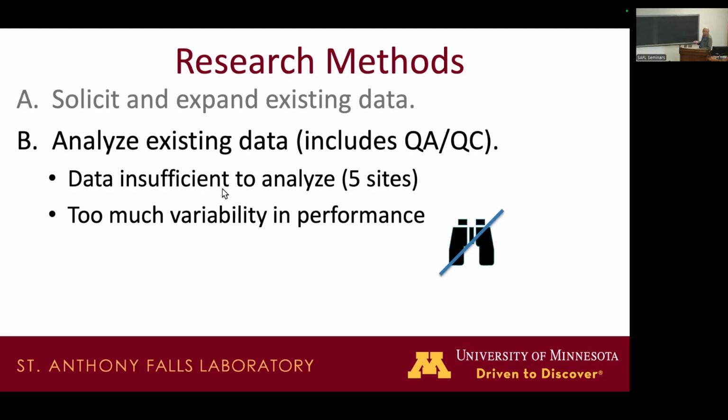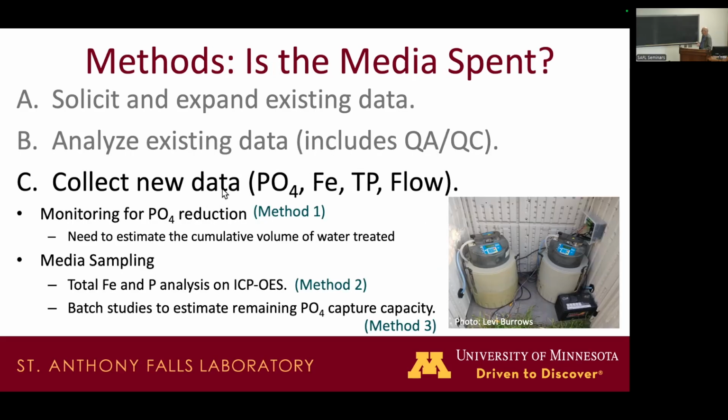So we went to part C of our proposal, and I don't know if I included part C. Oh yeah, that was to collect new data. So we collected phosphate, iron, total phosphorus, and flow on a number of sites. We ended up with about 22 sites.